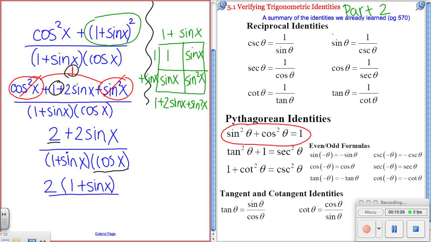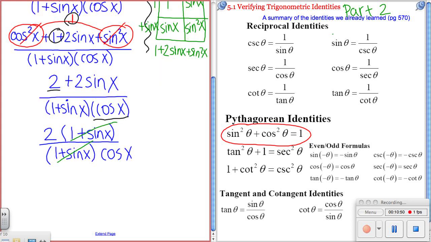And I'm getting excited. Is anyone else getting excited? Does anyone else see something that's going to cancel? Something we said we wanted to get rid of? I hope you see the 1 plus sine x's are going to cancel. So now I'm left with 2 over cosine x.